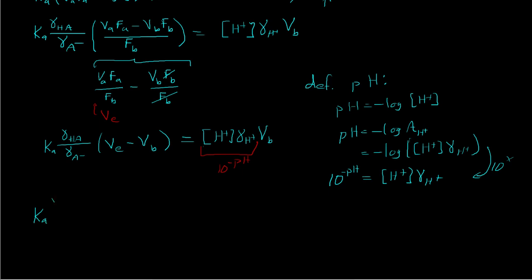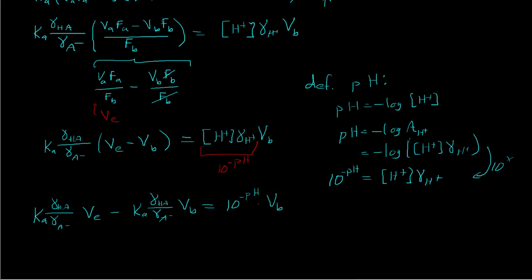So I get Ka gamma HA over gamma A minus times VE, minus Ka gamma HA over gamma A minus times VB, and that equals 10 to the negative pH times VB.